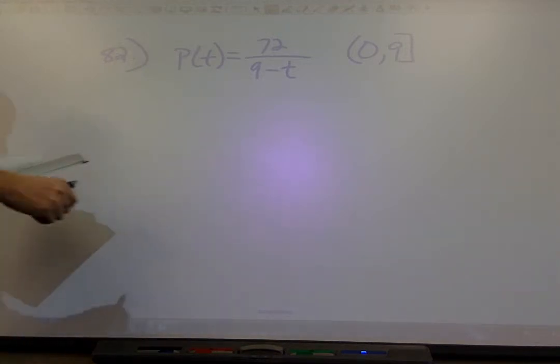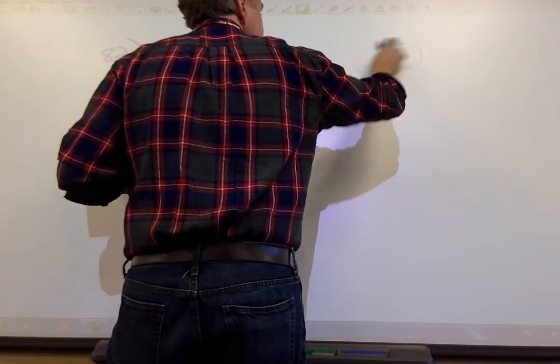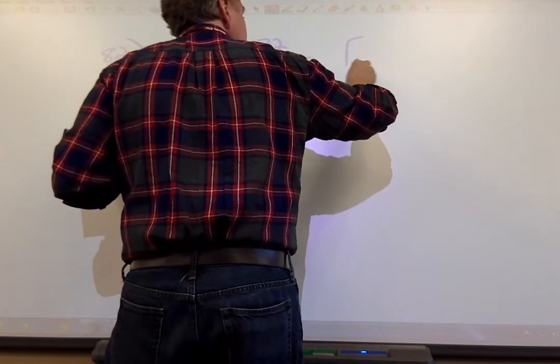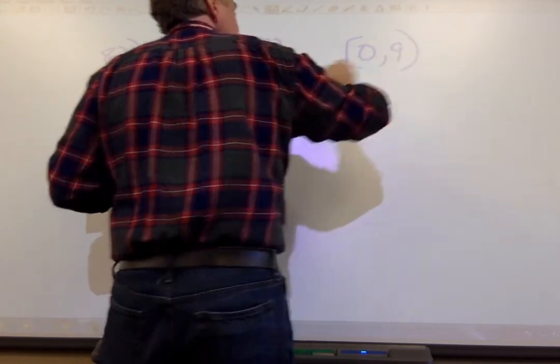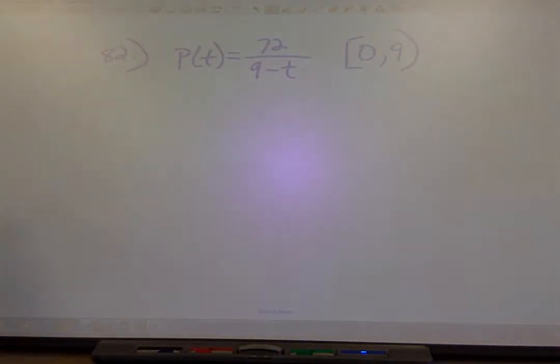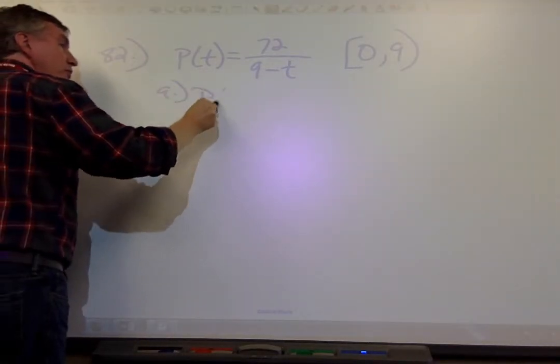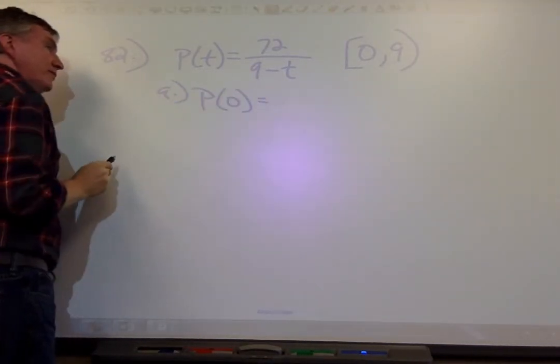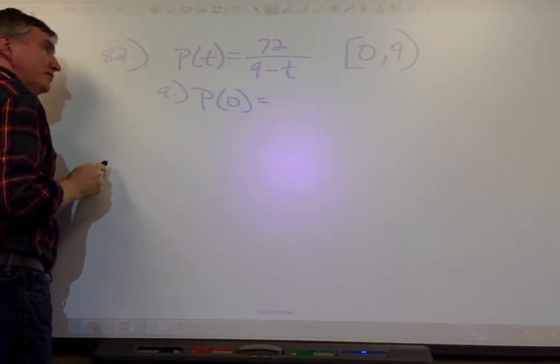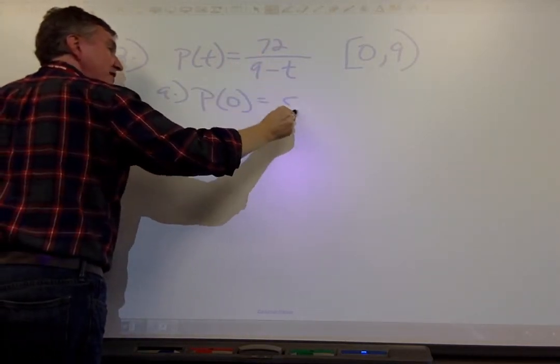No, other way. Bracket, parentheses. Bracket, okay? Find the number of rabbits initially at t equals 0. If t is 0, what is that? How many rabbits? 8. 72 over 9 is 8 rabbits.